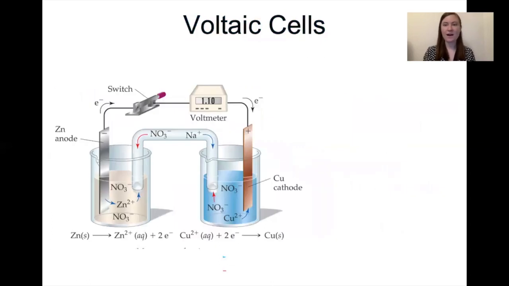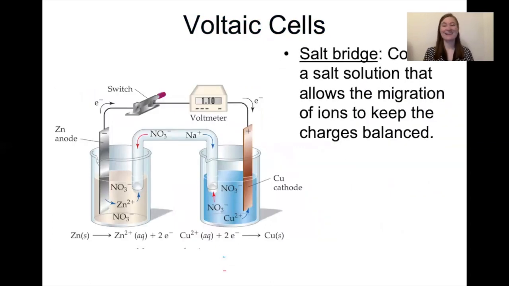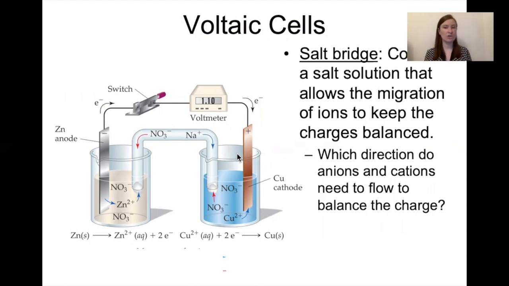Cool. The salt bridge contains a salt solution, which is what allows ions to flow through to keep the charges balanced. So let's think about which direction ions would need to flow in order to balance the charges. The anode loses electrons, and so if there were no salt bridge, the anode would be getting positively charged.